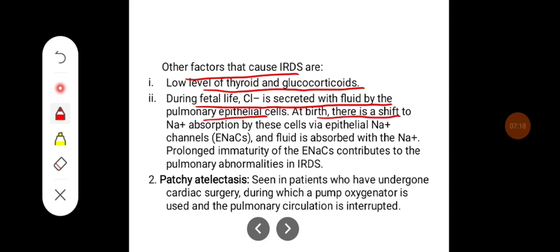At birth, there is a shift to sodium absorption by these cells via epithelial sodium channels, and the fluid is absorbed with the sodium. Delayed maturity of epithelial sodium channels contributes to the pulmonary abnormalities in IRDS.